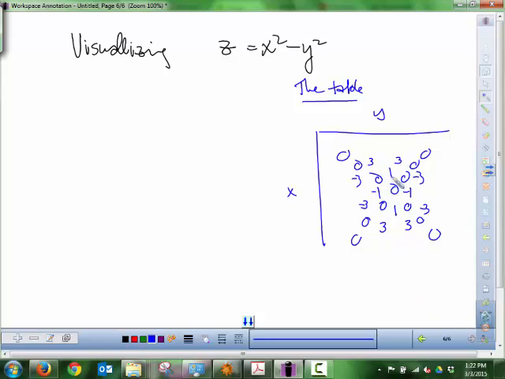And then a z value of 1 would be up here somewhere. And then a z value of 3 is over here.